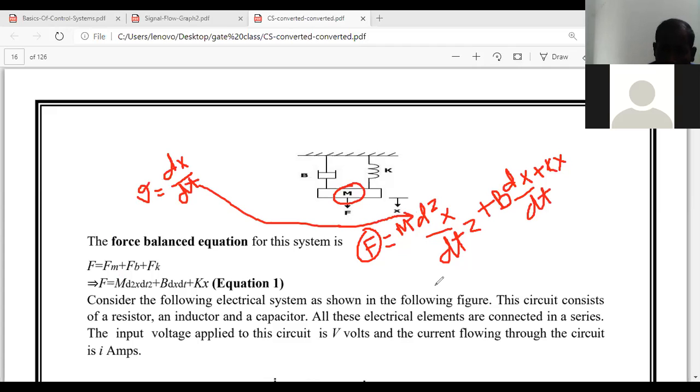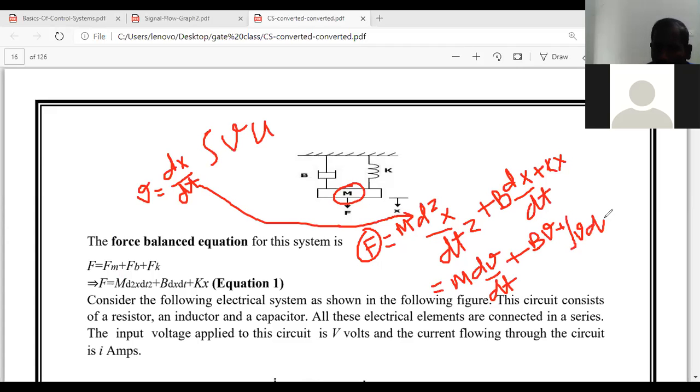We'll be getting F is equal to m into dv by dt plus b into v plus, here if you need x, it is the integration of v of t into dt, right? So, integration of v of t into dt.